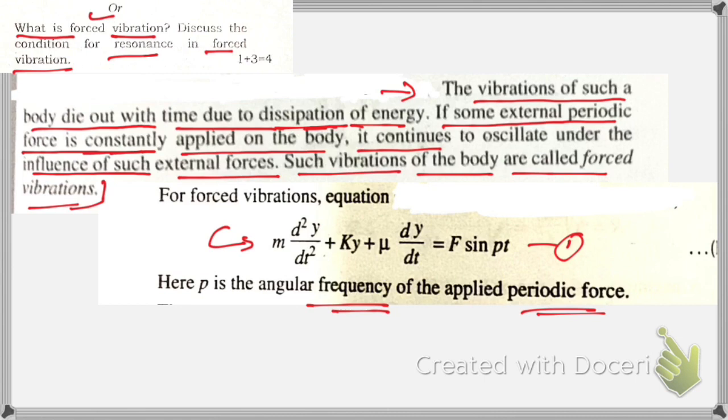So now you see, this mu represents the coefficient of friction. This mu is the coefficient of friction. And the K is the restoring force per unit displacement.